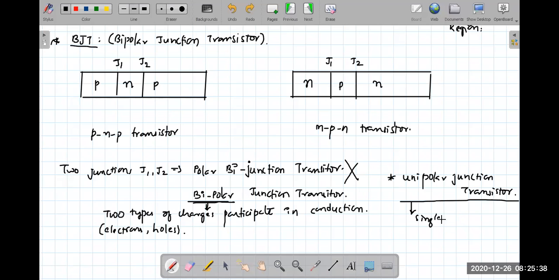Understood? Wire is not a transistor. So this is a single type of charge, that means electron or hole shall participate in conduction.